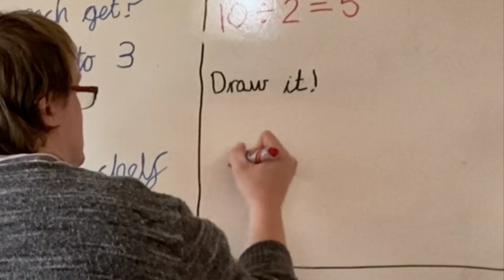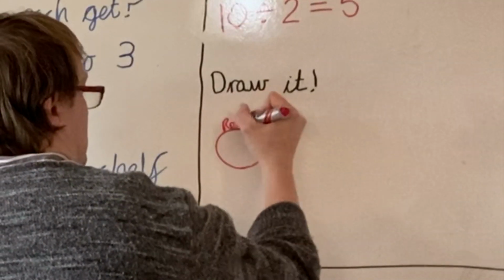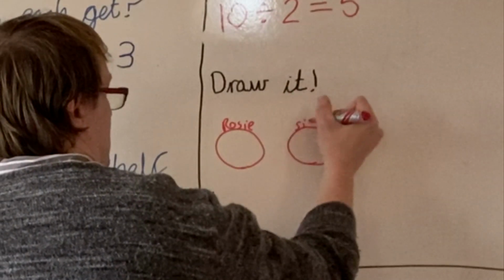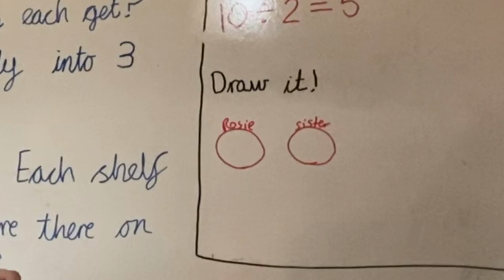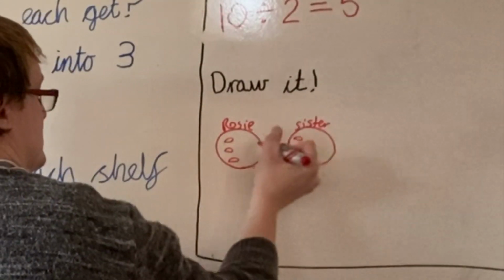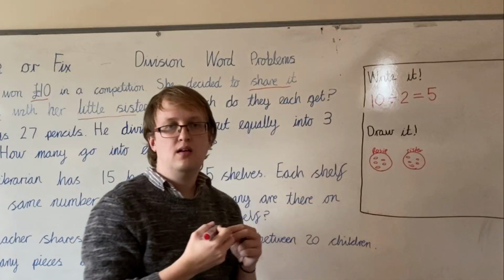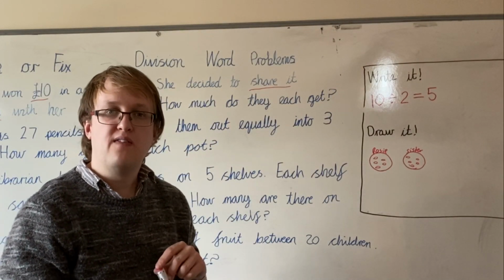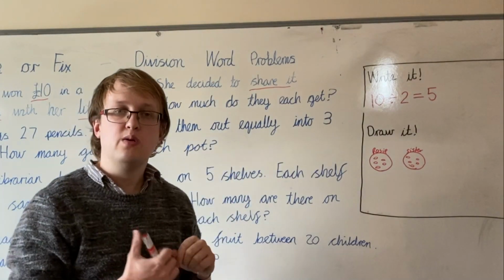So this is Rosie's purse. £10 shared out equally. And each purse has £5 in it. £5 each. 10 divided by 2 equals 5.